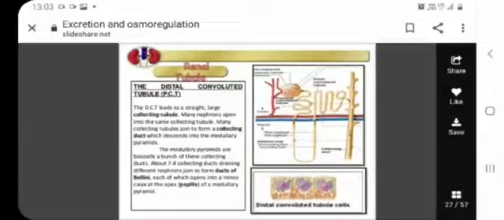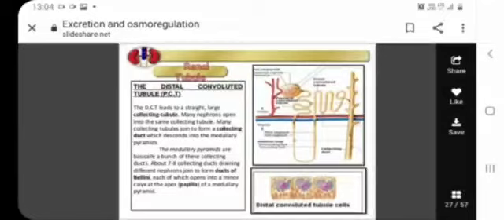The medullary pyramids are basically a bunch of these collecting ducts, hence they appear to be striated. Striated means appearance of linear or line-like structure.